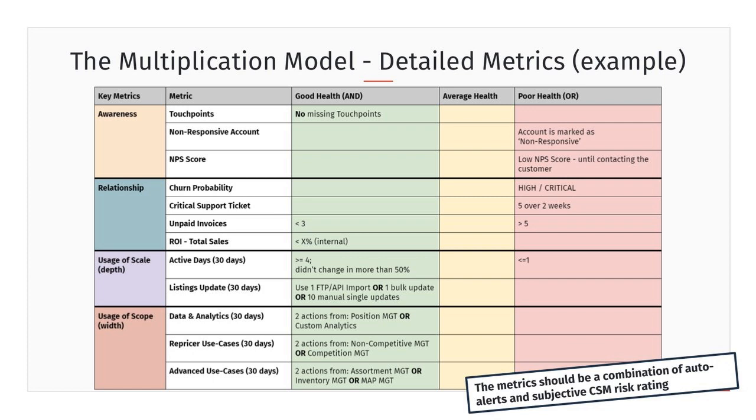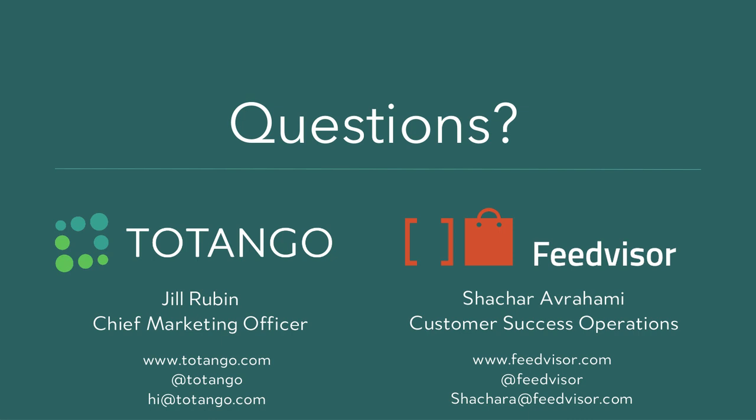So we use Salesforce as the way to aggregate many of the data, but obviously we connect the attributes to Totango. So we have a very strong bidirectional communication between Totango and Feedvisor.